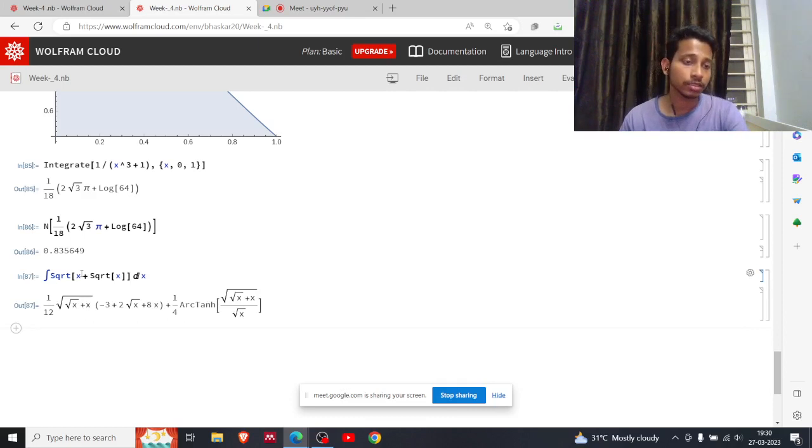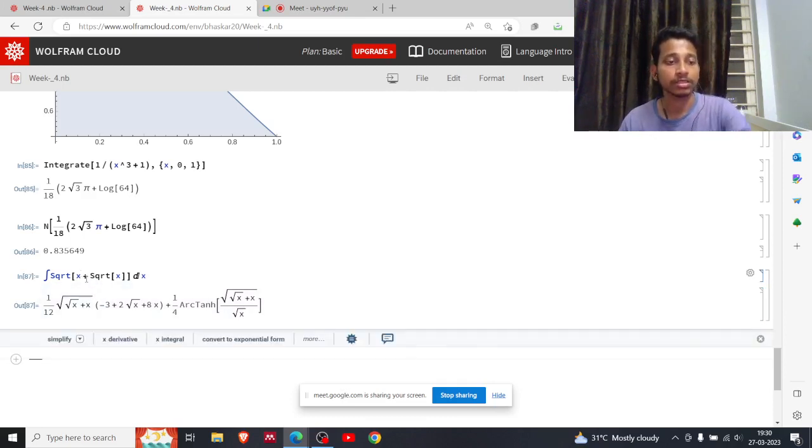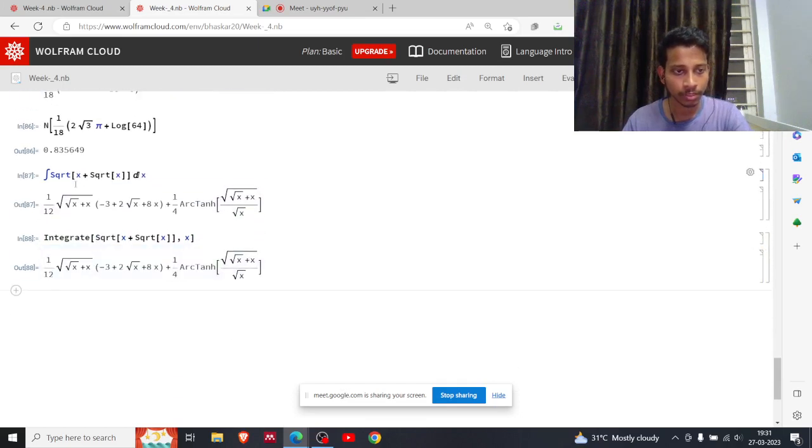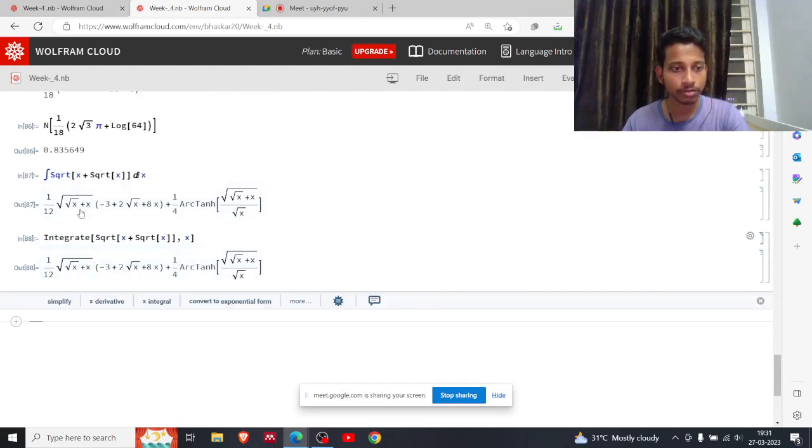So here we are integrating, this is the usual writing notation when we write it in a notebook, the integration of the function square root of x plus square root x dx. So this is the integration of it. This can also be written in another way. So these are the two equivalent ways to write the integration.